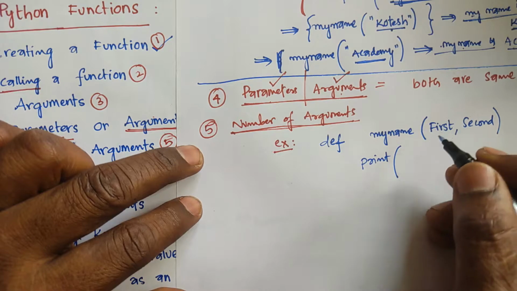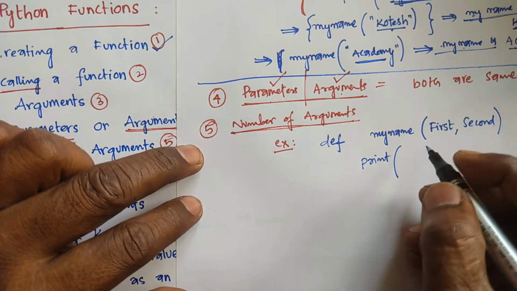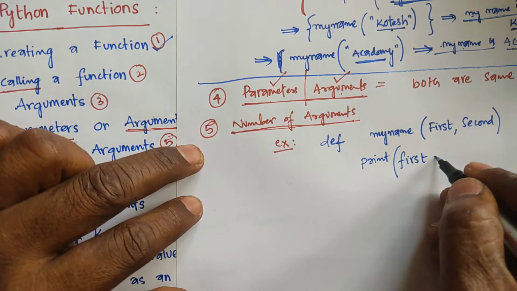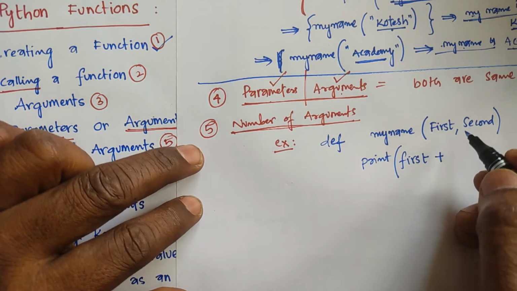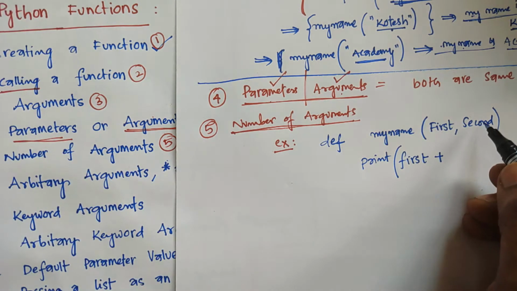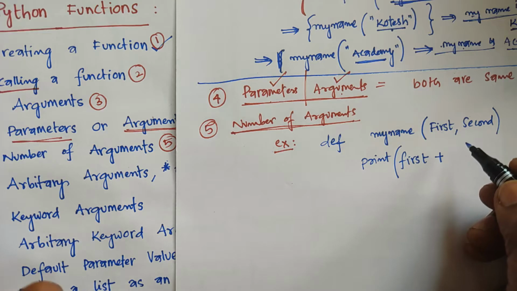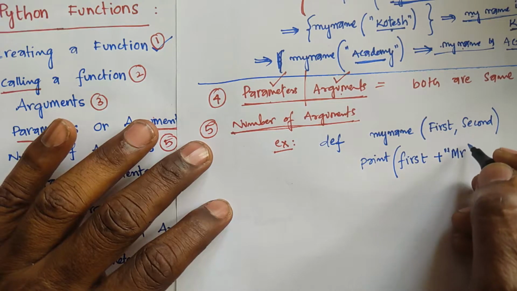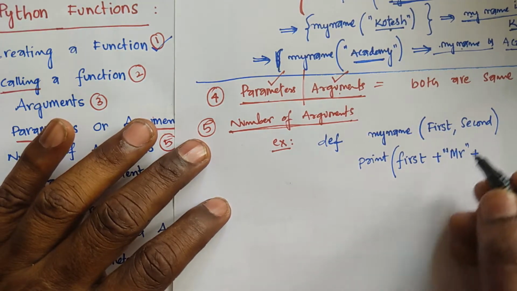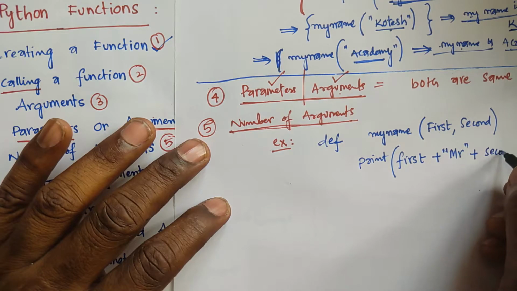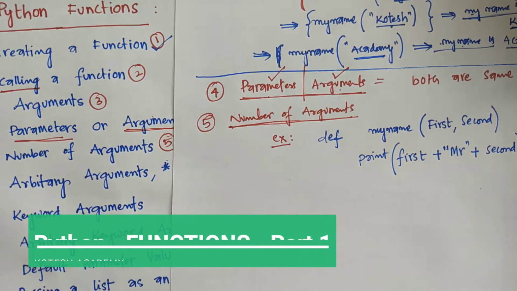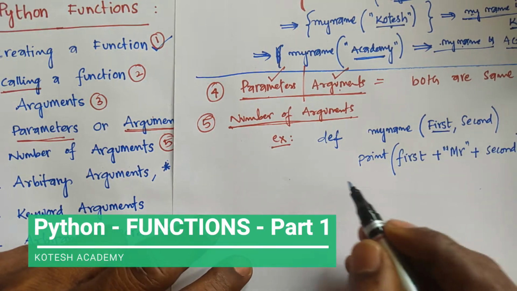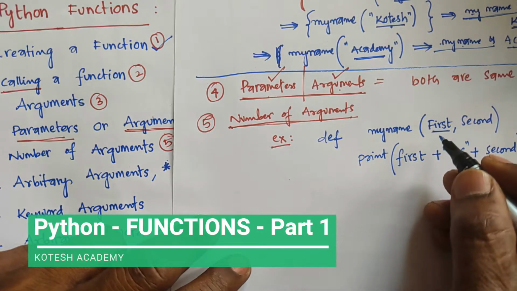Print the first name, whatever first name you have to write here, first plus. In between the first and the second name I am adding one text, for example "Mr.", and plus second. Whatever text we are adding. Now when you call this function, we will get the result.